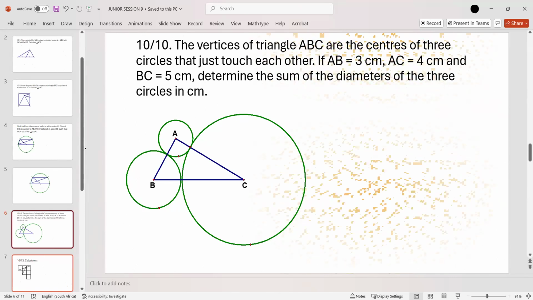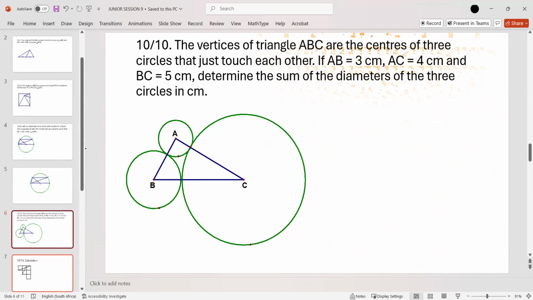That's the thing about a circle. And these circles just touch each other. You can see this circle is just touching this one, and this is touching this, and these are supposed to be touching also, but I didn't draw it too accurately.